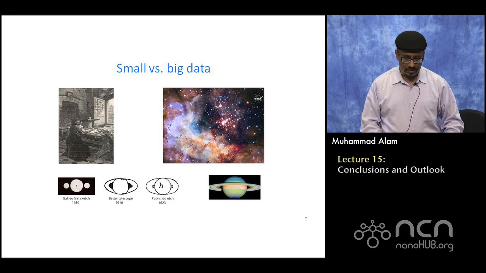His telescopes were not very powerful, but he was able to see what looks like a satellite. But it later on turned out that this really is a ring. And these days, of course, we know the rings in great detail because we have been able to send cameras and space probes into this region.